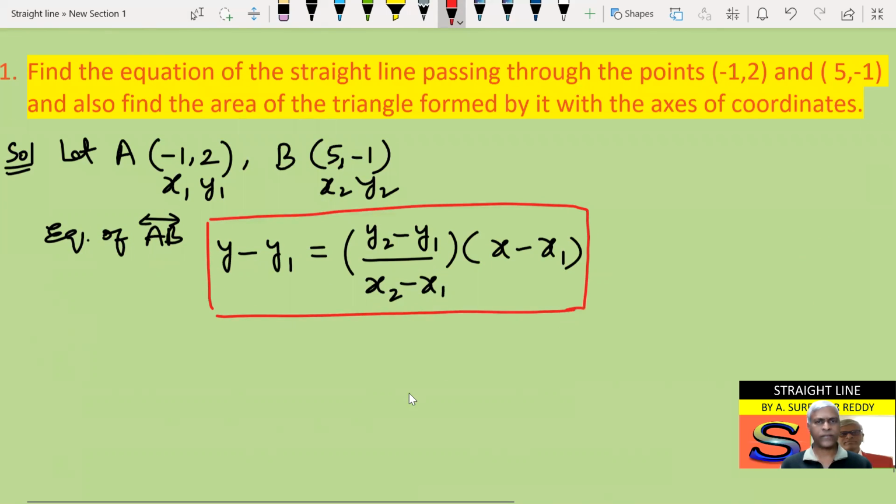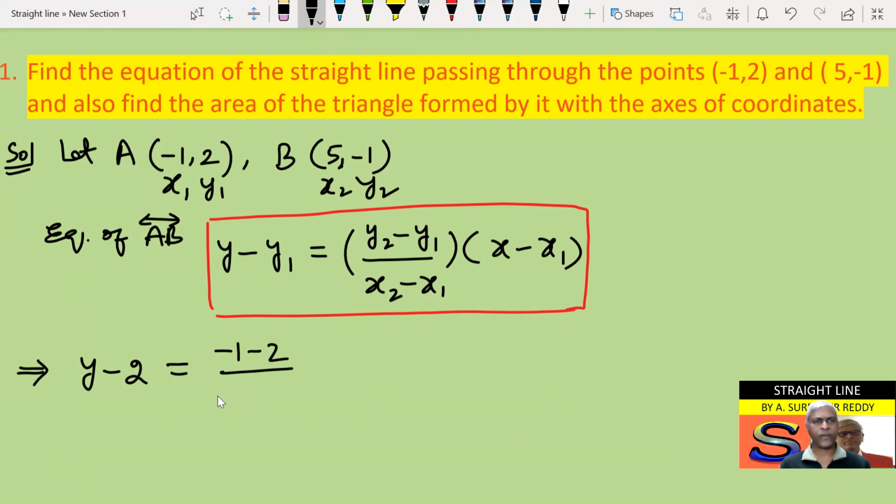So using this, substituting the values, y minus y1, the value is 2. y2 minus y1 is minus 1 minus 2, by x2 minus x1, 5 minus minus 1, that is 5 plus 1, and x minus x1, minus 1, that is minus into minus becomes plus 1.